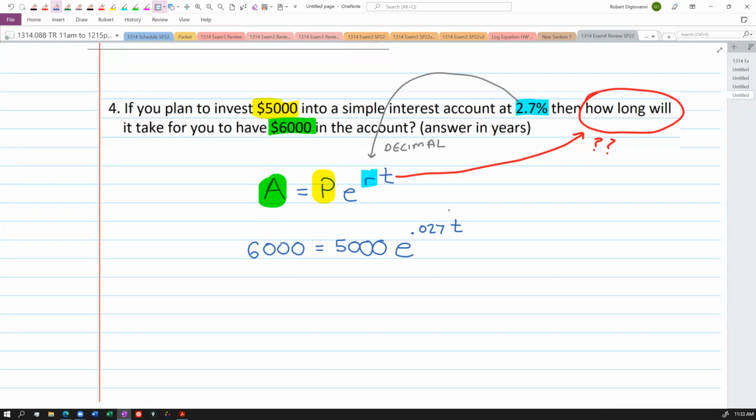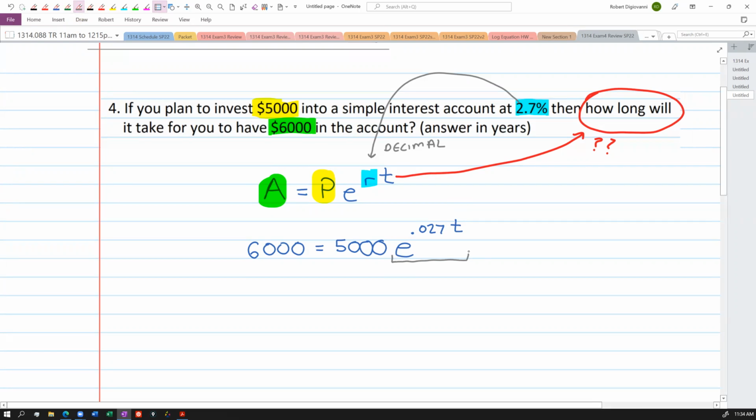So this is just like the problems we were just doing. It's exactly the same sort of thing, except we're using t instead of x, and it just looks a little bit different, but we want to isolate this piece. Let's get that by itself so we can bring in the natural log. So we first have to get rid of the 5,000, so divide both sides by 5,000.